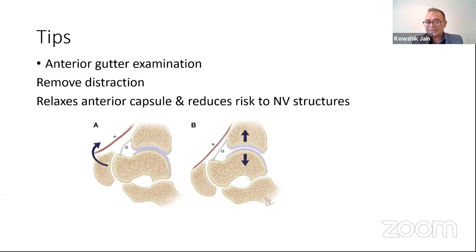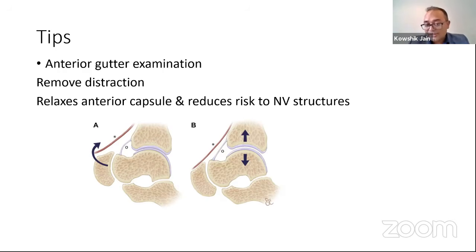And you know the anterior gutter, which is in front of the tibiotalar articular surface. This is where many a time your loose bodies are. This is where your soft tissue impingement procedures are done. This anterior gutter is important when you're taking the osteophytes out from the distal tibia.